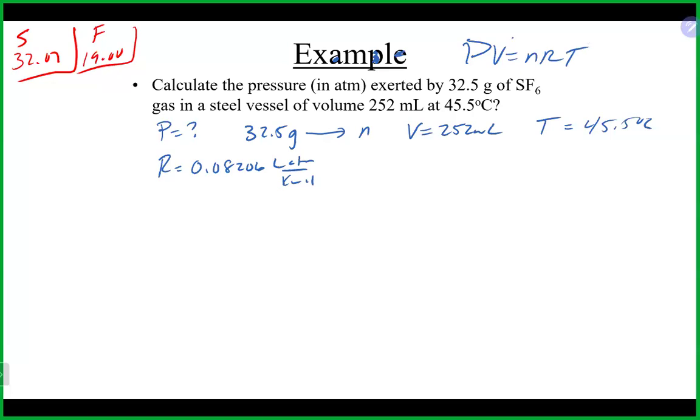We essentially have volume, temperature, R, and we could calculate N, which means we could use that to solve for the pressure. We do have to do some conversions here, so we do need to get our grams into moles, so 32.5 grams of SF6. We'll use the molar mass from the periodic table there, and it looks like that's 32.07 plus 6 times 19.